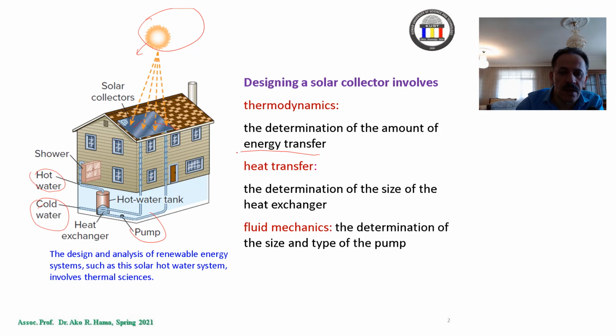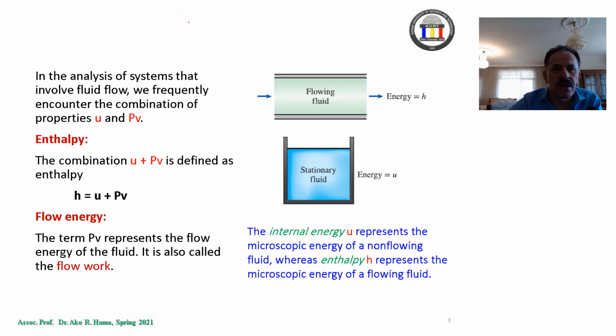In this chapter we are talking about how heat transfers from the sun to the hot water. We have a definition for enthalpy. Enthalpy is how much energy we have for a stationary fluid.